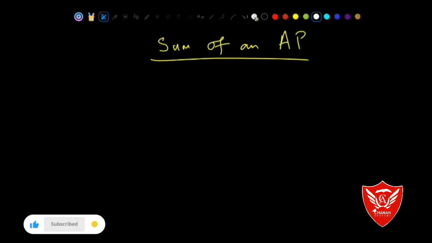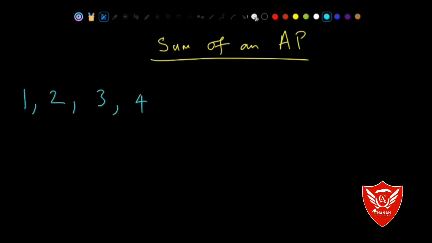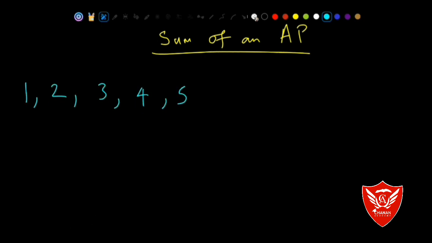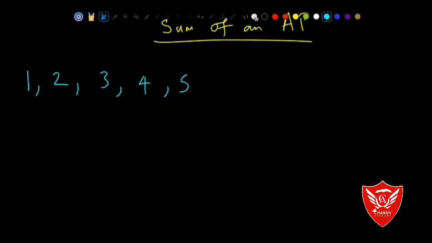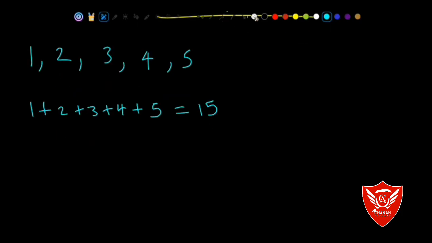Alright, sum of an AP. Suppose we are given a sequence, say 1, 2, 3, 4, and 5. And we are asked to find the sum of this sequence. So we can have 1 plus 2 plus 3 plus 4 plus 5. That will be equal to 15. However, there is a short formula which I'm going to give in this class.